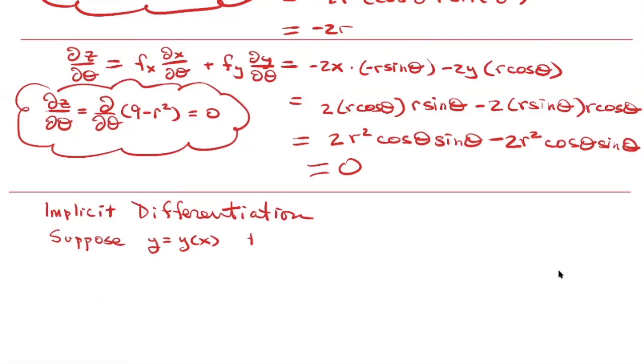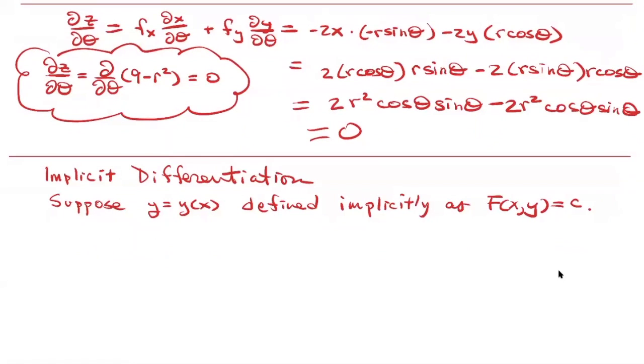But it's defined implicitly as a big F of x, y equals some constant. Okay. So here goes. Big F of x, y equals a constant.